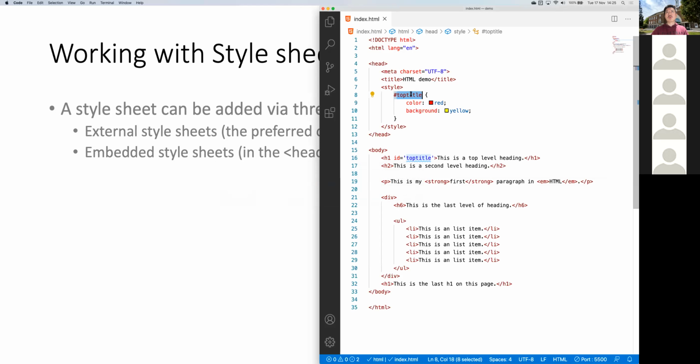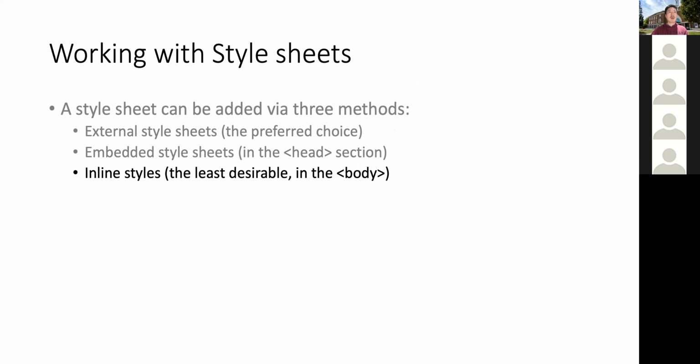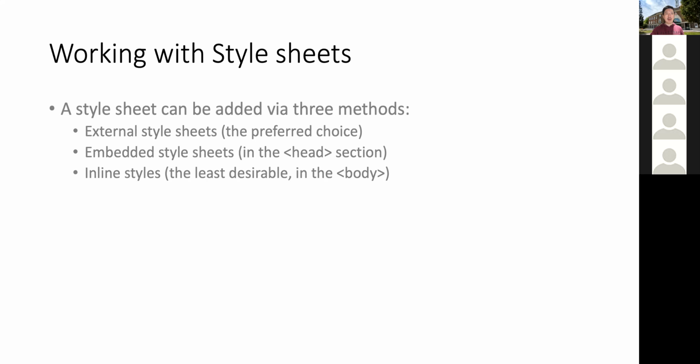So when this was H1, all the H1 on this page will be affected by the rules. And the last one is called inline style. Inline style means I'm including the CSS formatting as an attribute in the HTML element, so it will affect that particular element only.